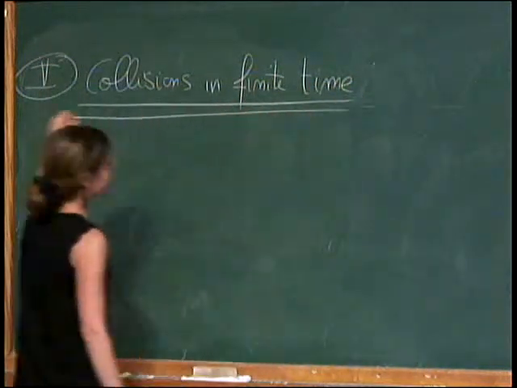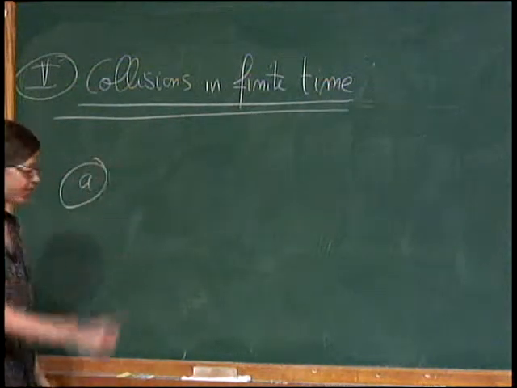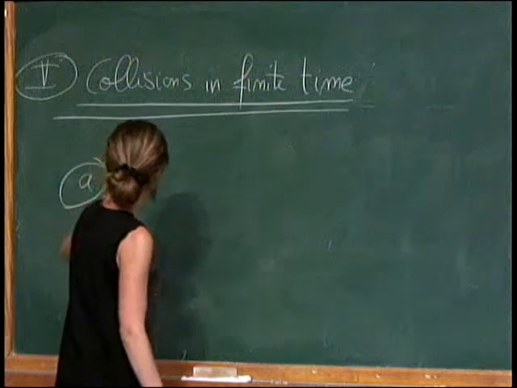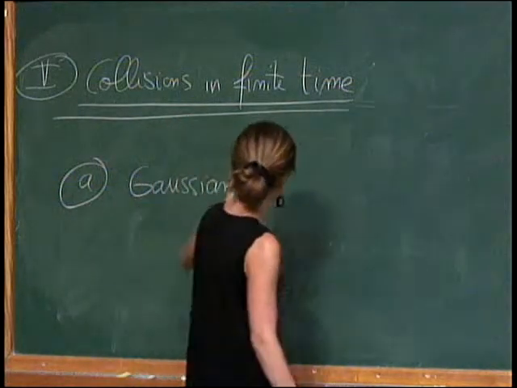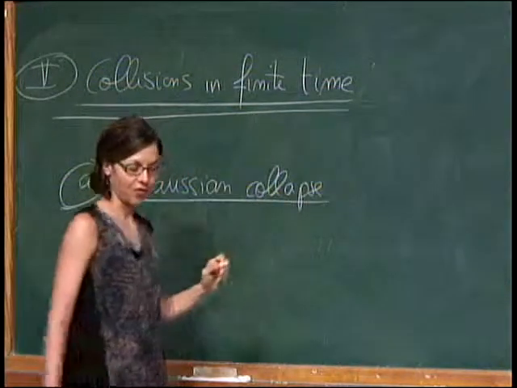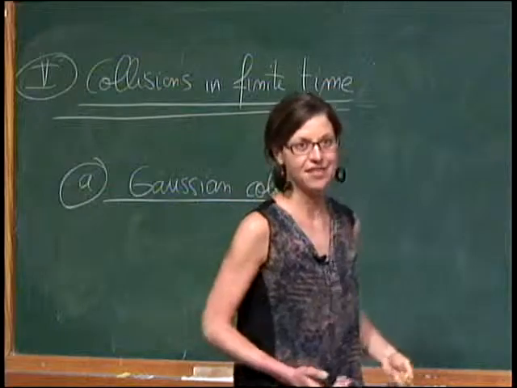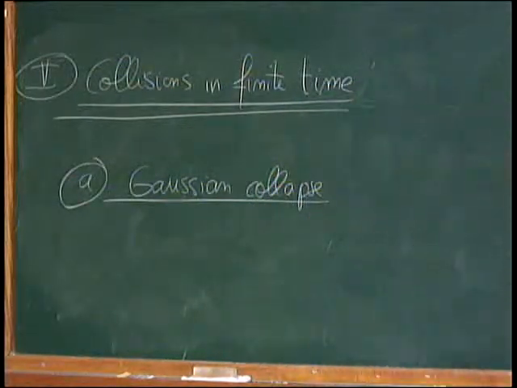Okay, collisions in finite time. The first collisions we constructed thanks to this equation is what we call a Gaussian collapse. In order to construct an example of collision in finite time for the vortex filaments, it suffices to construct a solution phi to that equation such that phi vanishes at some point and at some time.